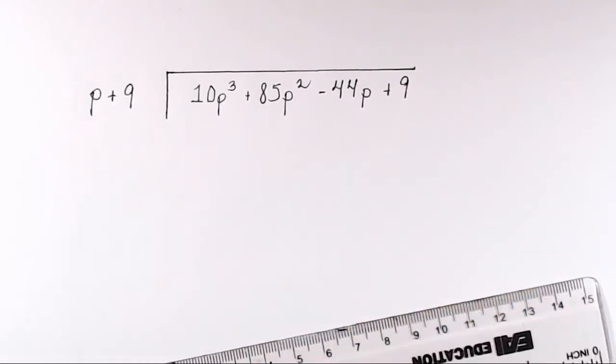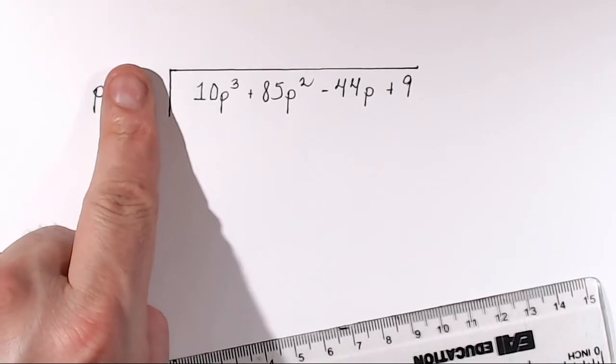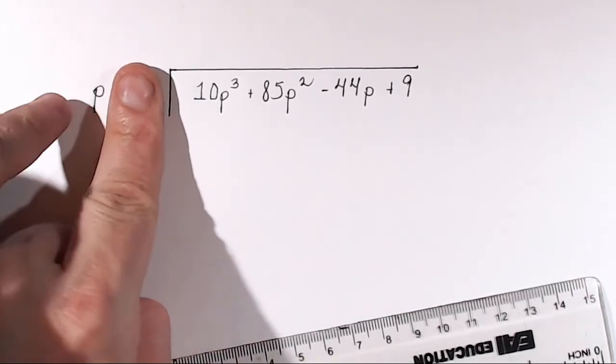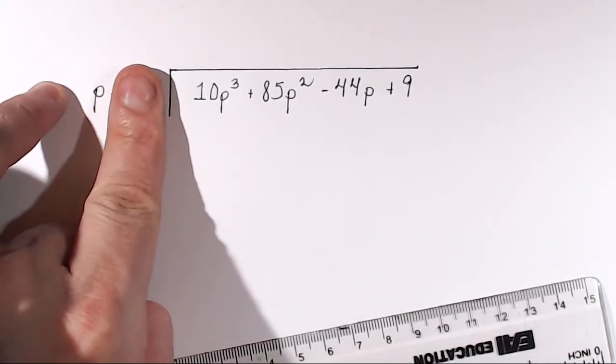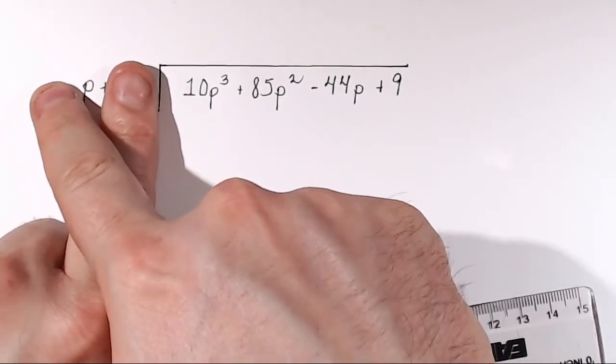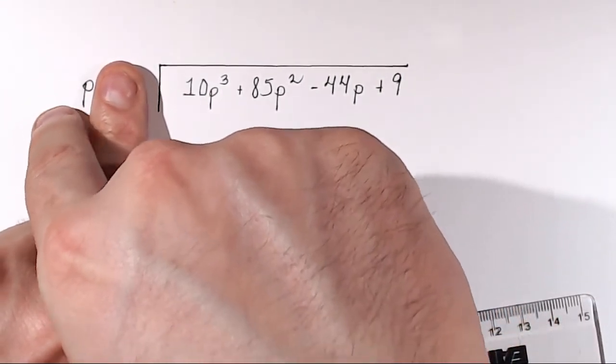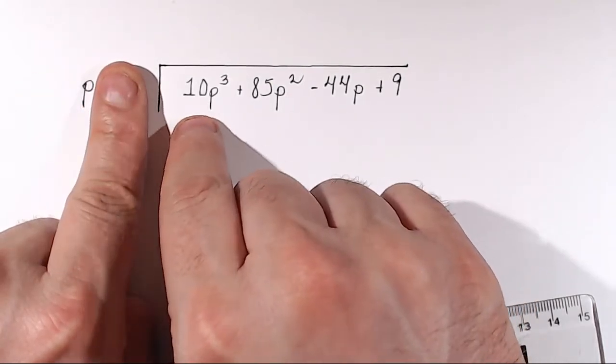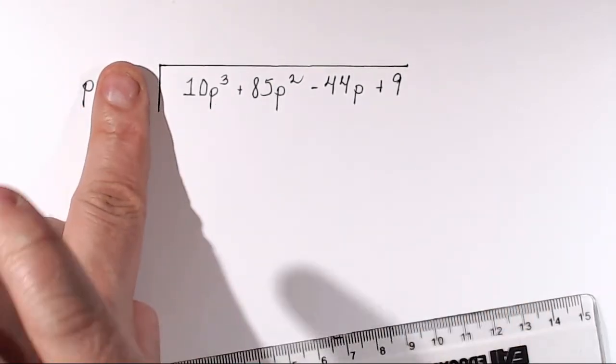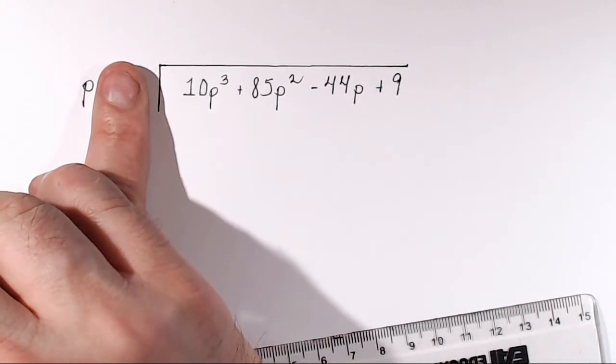All right, so here's how you solve this. You cover up the plus 9 with your finger, and you're just looking at this p right here. You're asking yourself, what would I need to multiply by p to get 10p cubed? It's really a mental process.